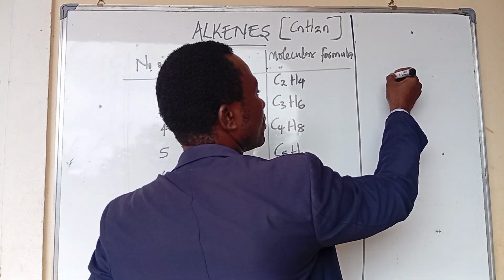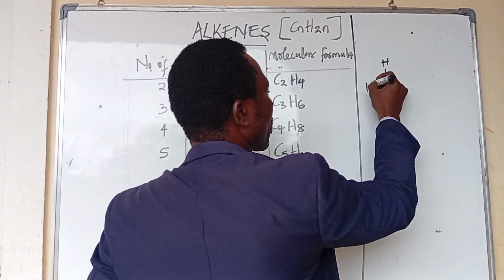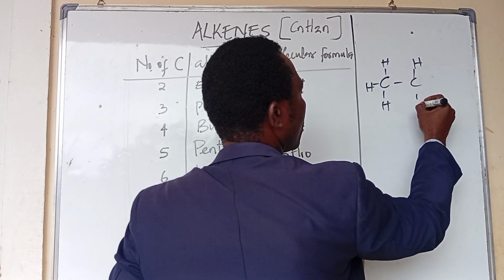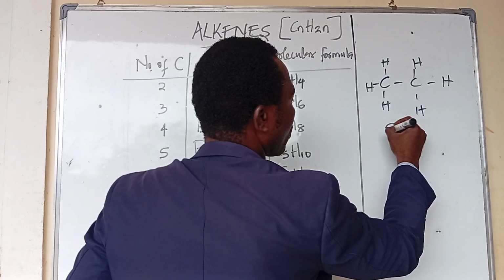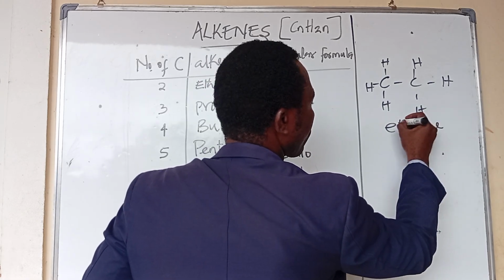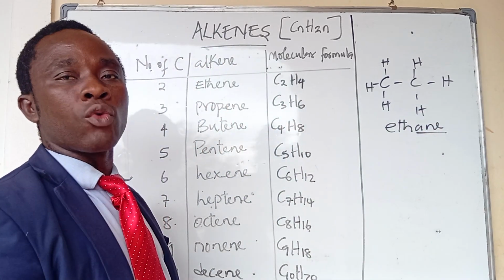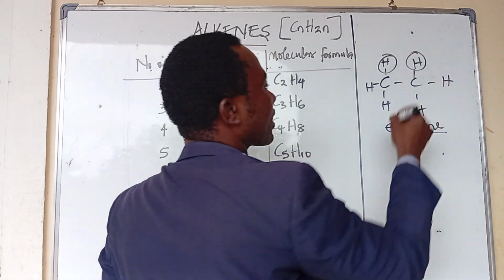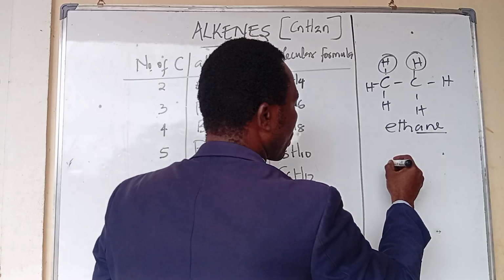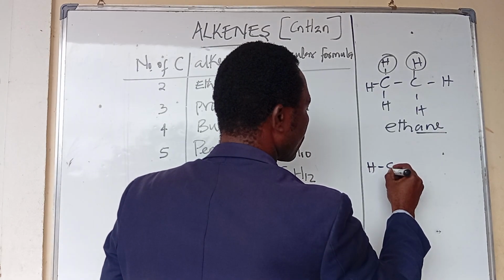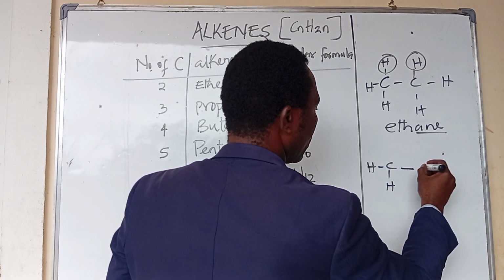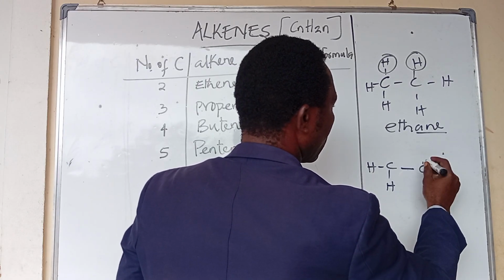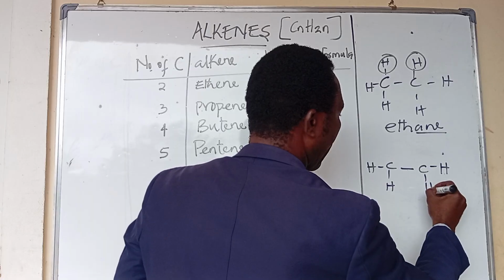Now, if we have CH3, CH3, this is what? Ethane. But if I remove two hydrogen atoms, let's say I remove this hydrogen atom and this hydrogen atom, this will become CH2, CH2.